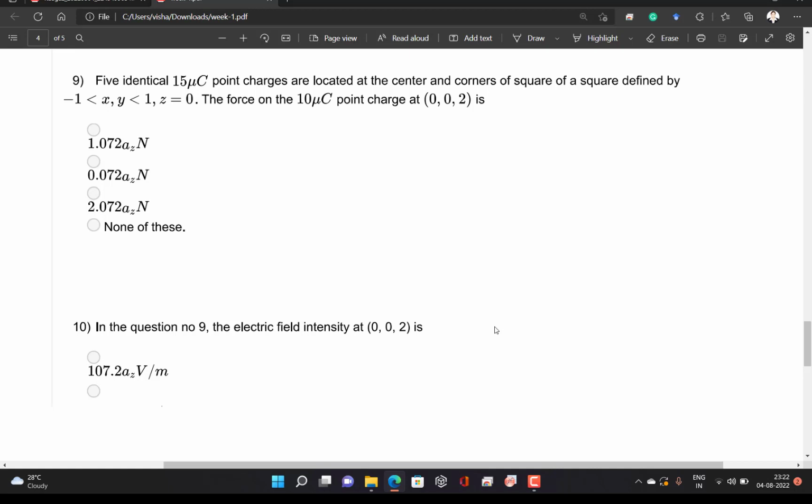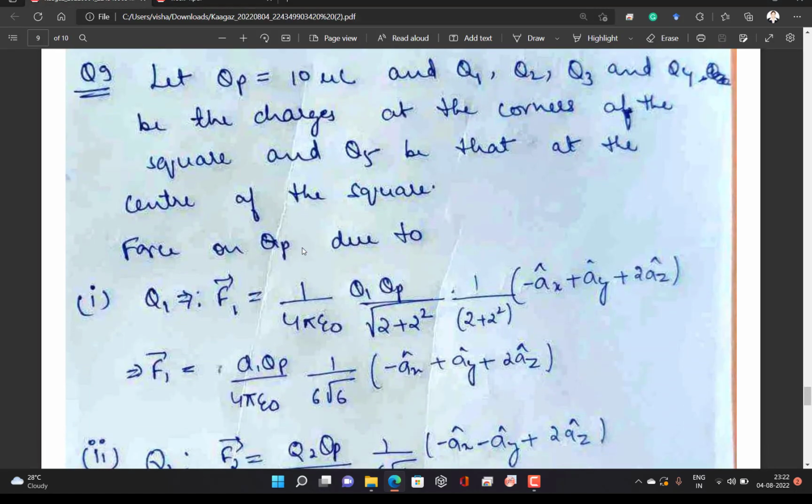First we find the individual forces on this 10 microcoulomb charge due to the 15 microcoulomb point charges at the corners, and then sum them up, which gives the total force on this 10 microcoulomb point charge. So let's try to solve this question.